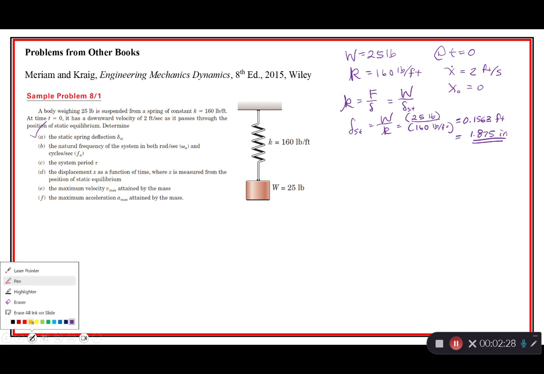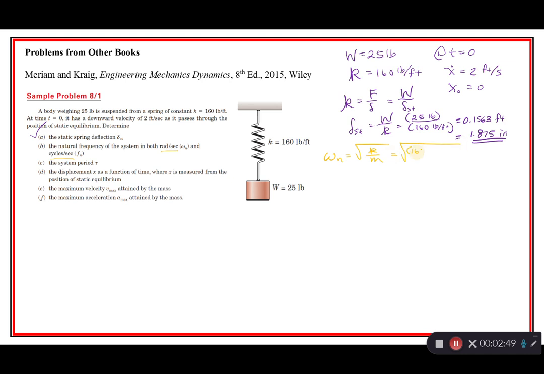Let me switch colors. We don't use orange enough, maybe because it's not very visual appearing. We want the natural frequency in both radians per second and in cycles per second. So we write out the square root of K over M. A good exercise is to make sure we have the units out correctly.